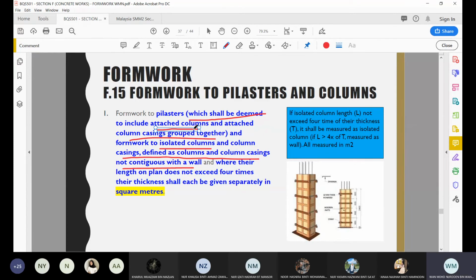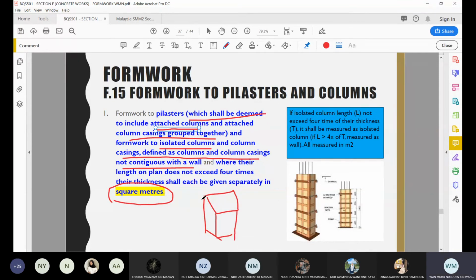Okay, kalau attached wall, attached column maksudnya column tu attached sekali dengan wall. And where their length on plan does not exceed 4 times their thickness, shall each be given separately in square meter. So perlu unit dia adalah meter square. So meter square macam mana nak kira? Okay, kolom kan?